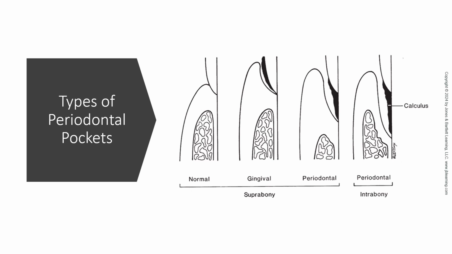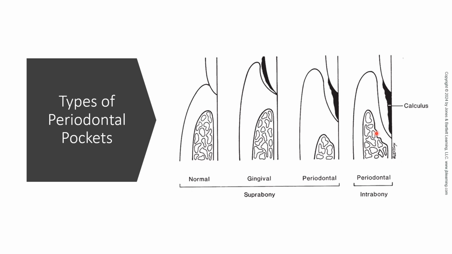Types of suprabony periodontal pockets are going to be normal, gingival, periodontal. Types of intrabony pockets will be seen in periodontal disease only. Notice the bone loss on the pictures marked periodontal. They are intrabony. Notice the bone.